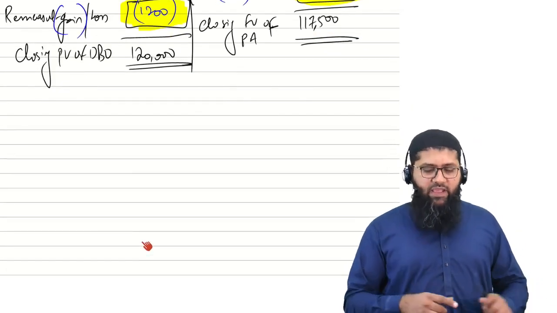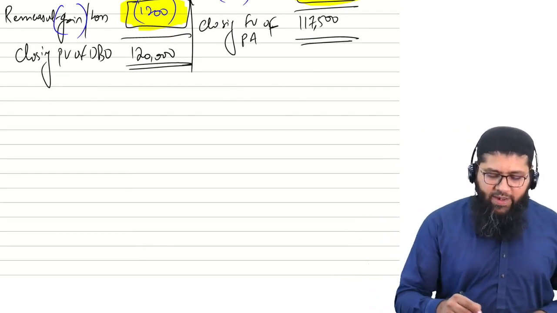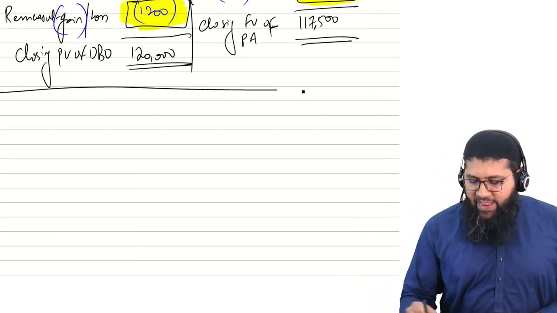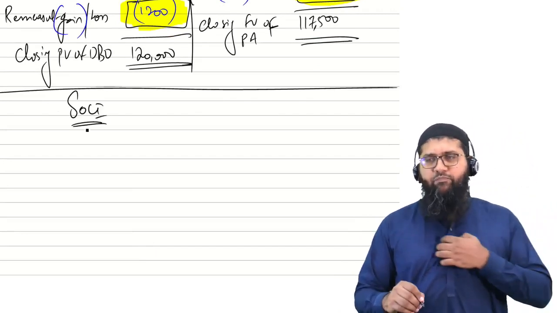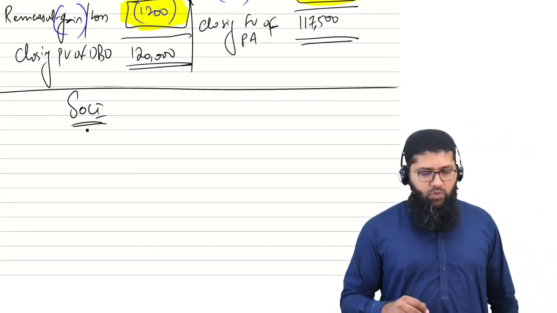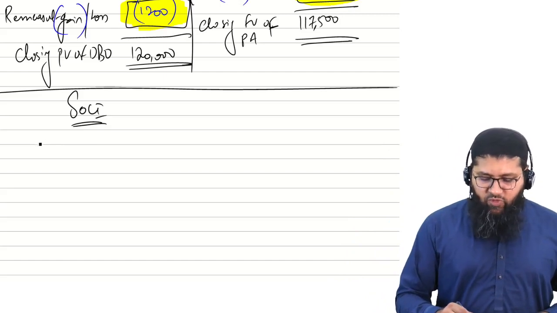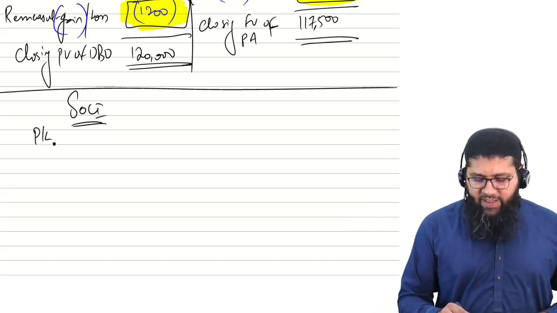Now, once you have done this, let's talk about what is going to happen with respect to SOCI, the profit and loss account.